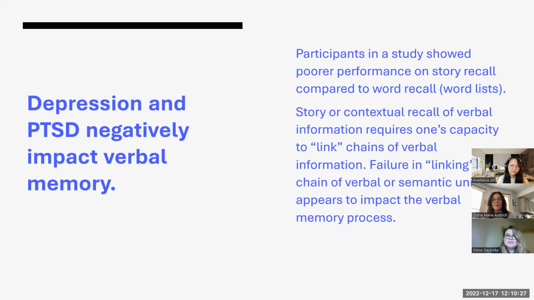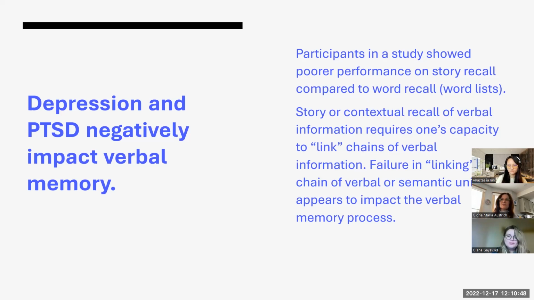In verbal memory, you can recall information contextually, like a story or someone's experience, or you recall things in single units, like word lists or numbers, or letters, I should say. Participants in the study showed poor performance on story recall compared to word recall.